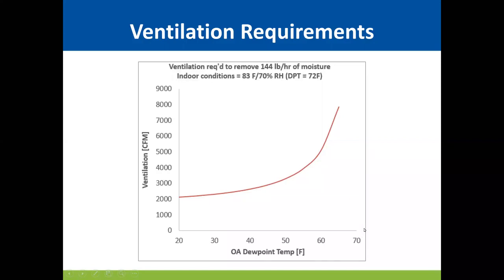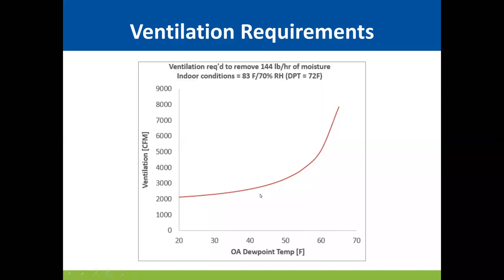So what you see, and maybe this isn't surprising, is that as you increase the outside air dew point temperature, we have to use more and more and exponentially more air to remove moisture. I mean, once it's 72 degrees outside, we're just introducing the same quality of air that's inside.